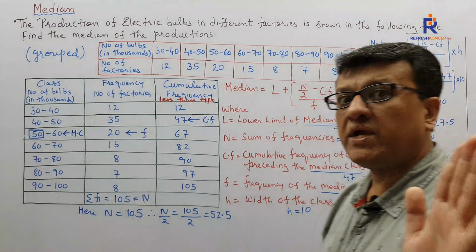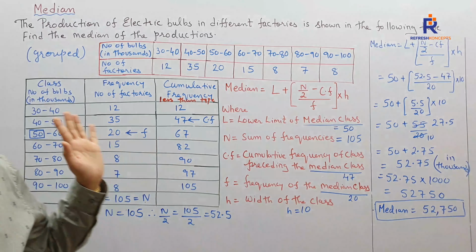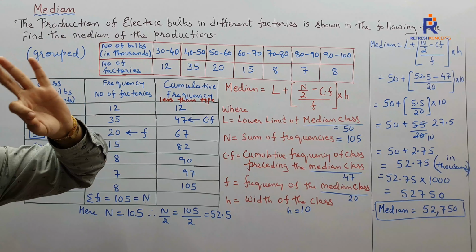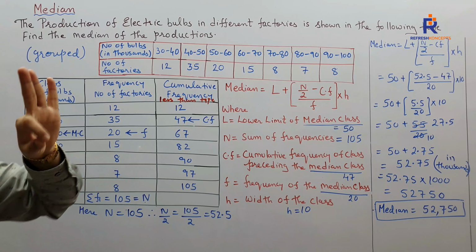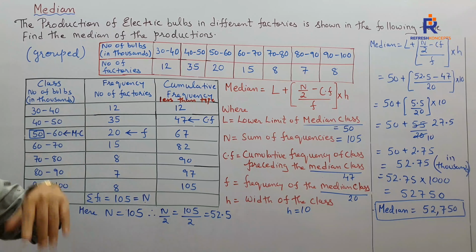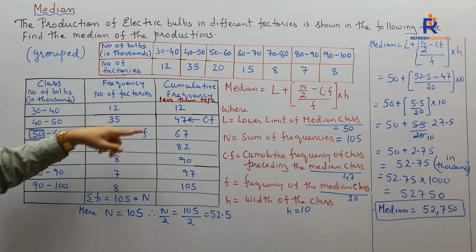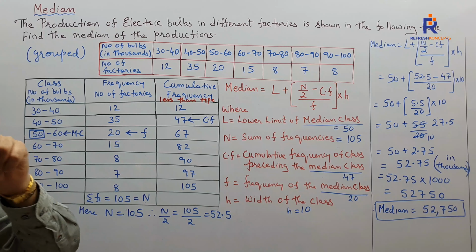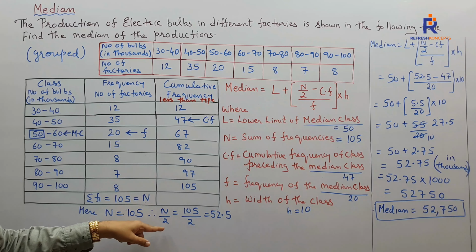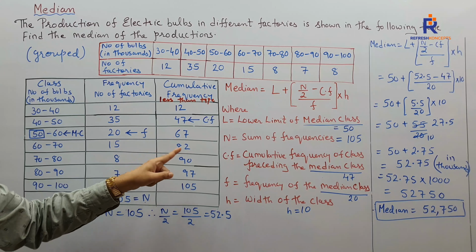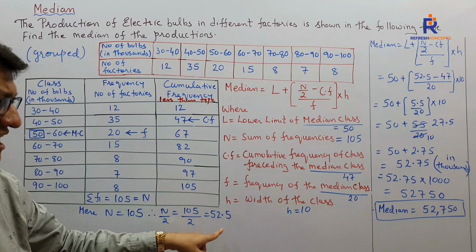A very quick refresh. Question given to us: how many columns? 3, if the classes are continuous. If the classes are not continuous, then 4. We have to make the classes continuous. Thereafter, cumulative frequency, less than type. The main thing is to find the median class. How? N by 2. Whatever answer we get, we need to search in the cumulative frequency column for the value equal to or greater than n by 2.